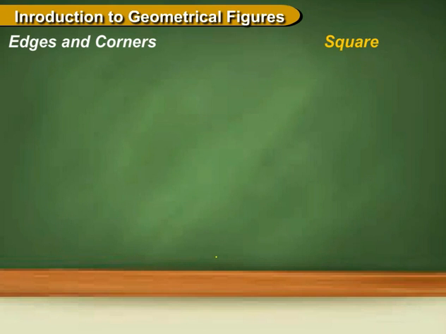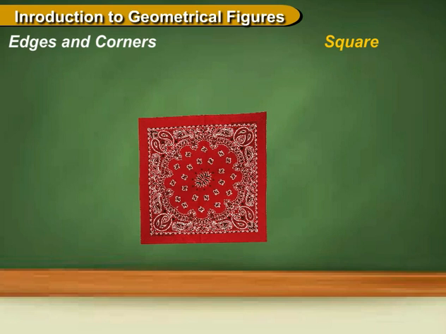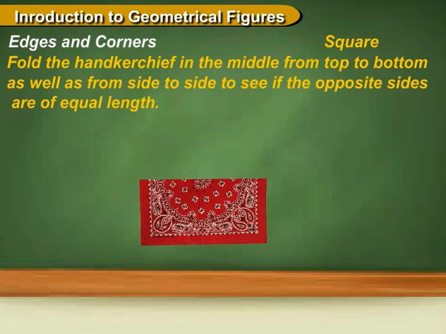Square. Take a look at a handkerchief. It is a square. How many edges and corners does a square have? Fold the handkerchief in the middle from top to bottom as well as from side to side to see if the opposite sides are of equal length.